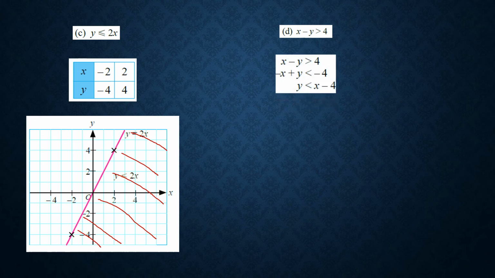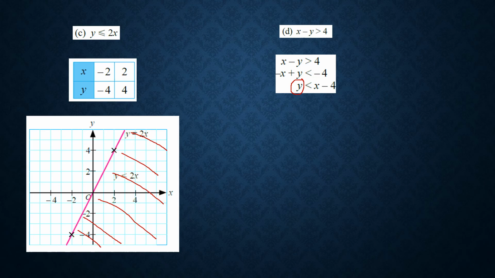Then for part D, x minus y greater than 4. So in this case, please change the subject first, nah? Because we want to know which region. Okay, always make the subject just y. How do you change?